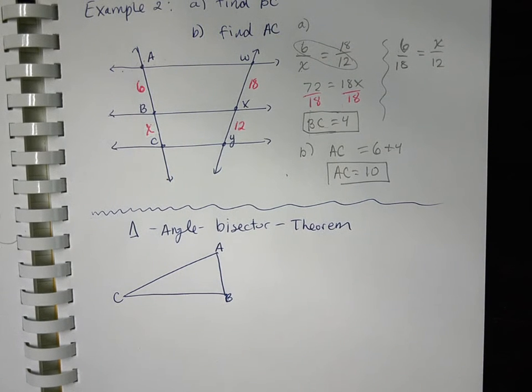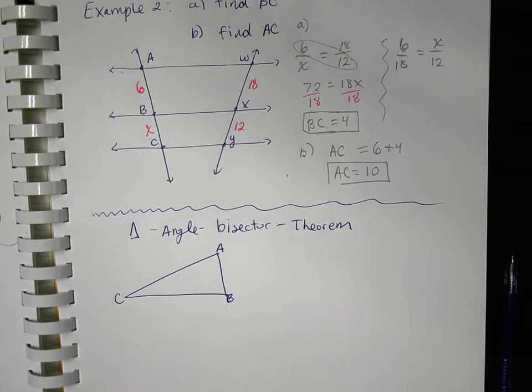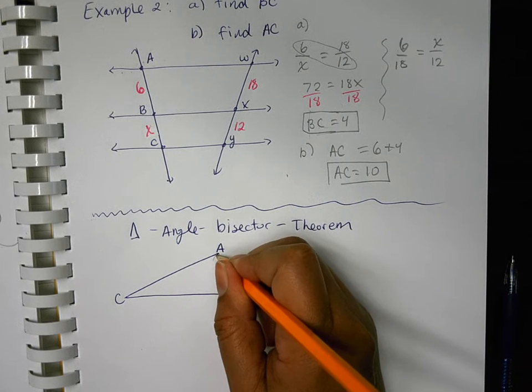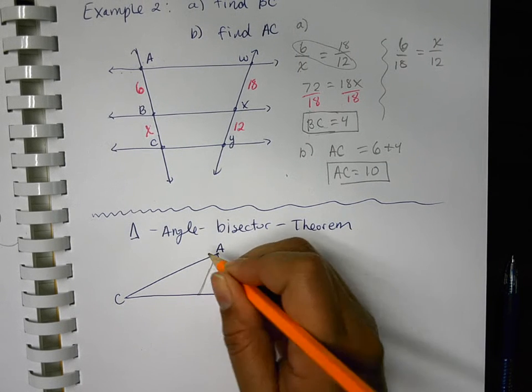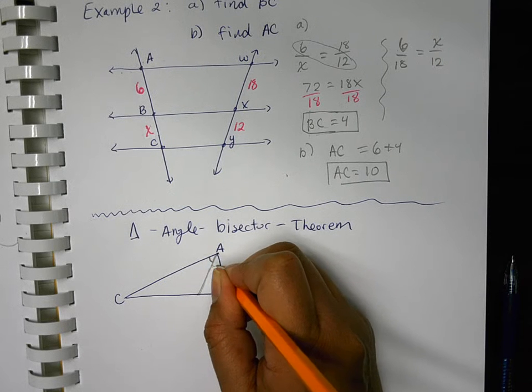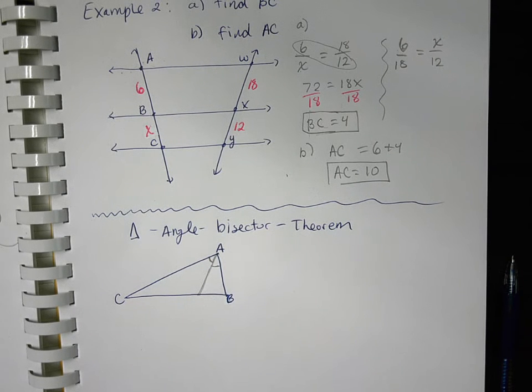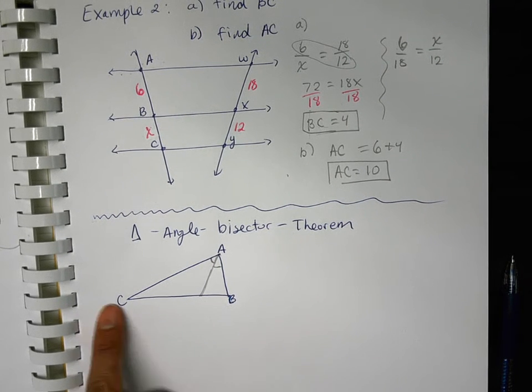All right. So remember, an angle bisector bisects the angle. It doesn't have to be perpendicular to its opposite side, but it does bisect the angle.